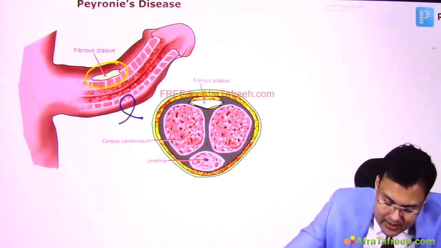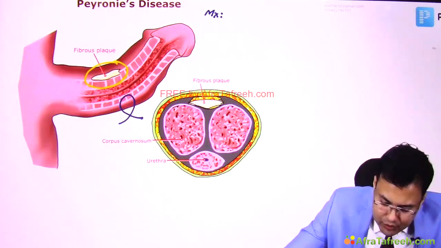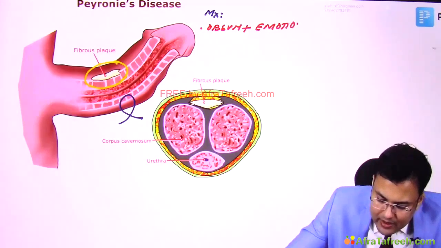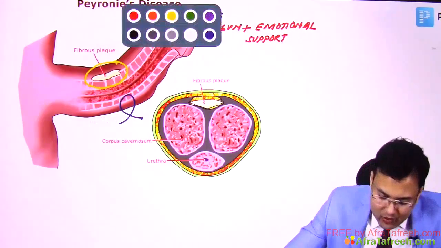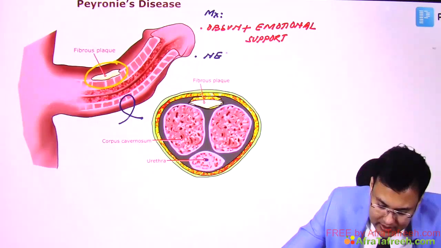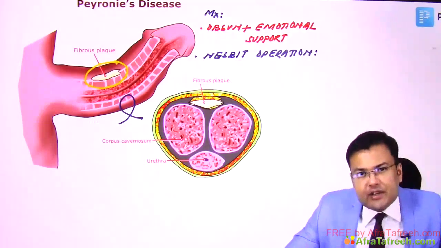Okay, so how we are going to manage the patient? Management: observation and emotional support. Why? Because in more than 50% cases, it resolves spontaneously. And what is the treatment of choice if condition is going to persist? This is known as Nesbit operation. We discussed that there is a technique known as Nesbit technique, which is a preferred technique for TURP.